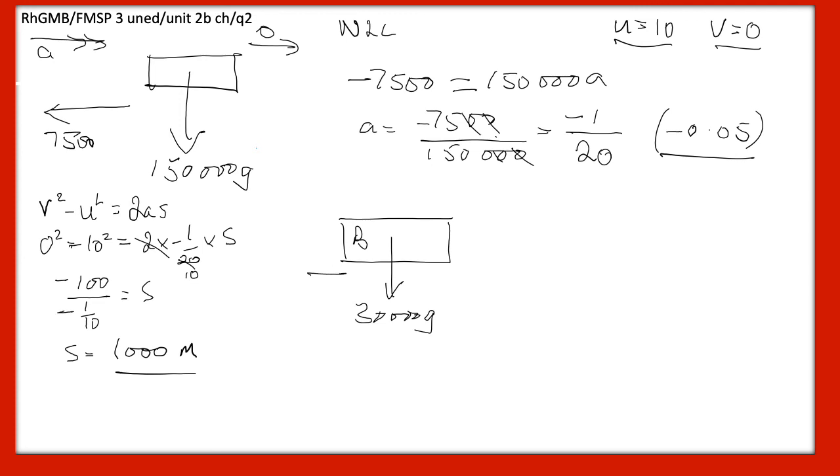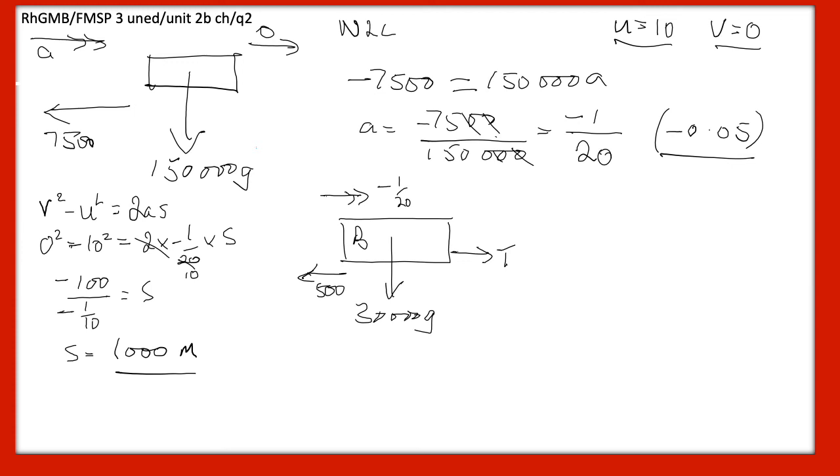It's got a resistive force of 500 newtons. It's got a tension acting that way, we think, maybe, and it actually has an acceleration of minus 1/20 meters per second squared. You notice I don't put units on my diagrams, but I always draw a force diagram.